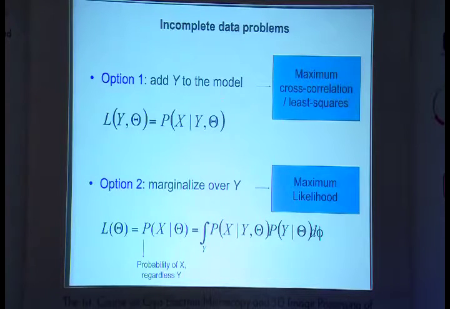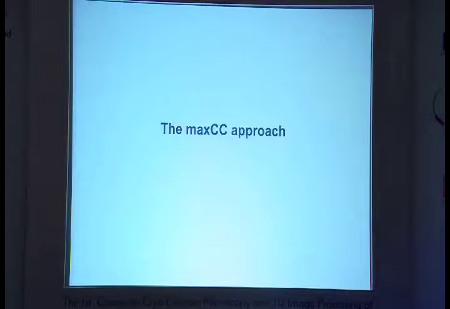The first is called maximum cross correlation or least squares. This again you may know from crystallography. The second one is called maximum likelihood. There are hidden parameters, which are the orientations, which we are marginalizing over in maximum likelihood.